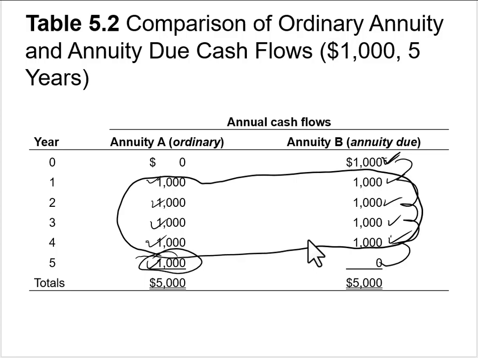So an annuity due will grow to a larger amount than an ordinary annuity. When you're investing, we always think about investing today. Now, to make our calculations and our exploration of time value a little simpler, except for very specific instances, we're going to always assume it's an ordinary annuity.